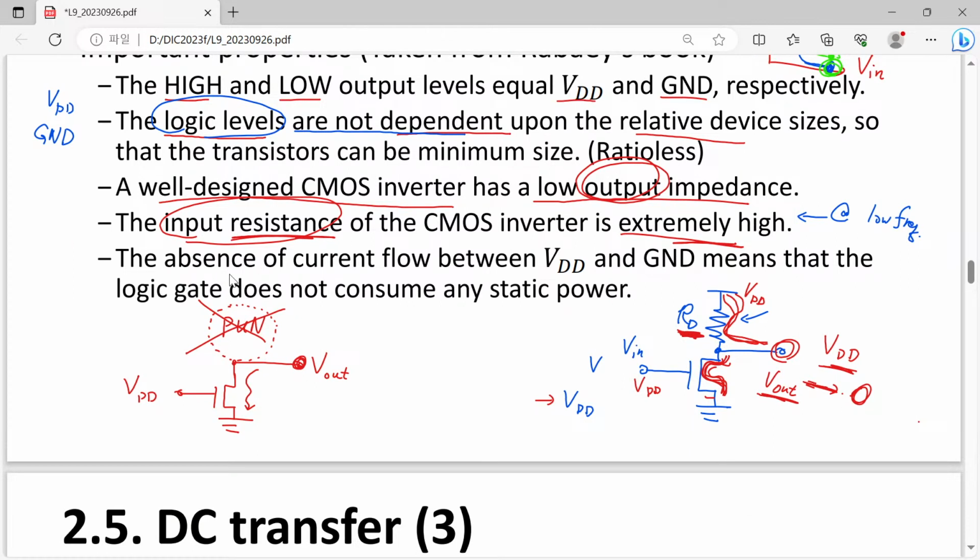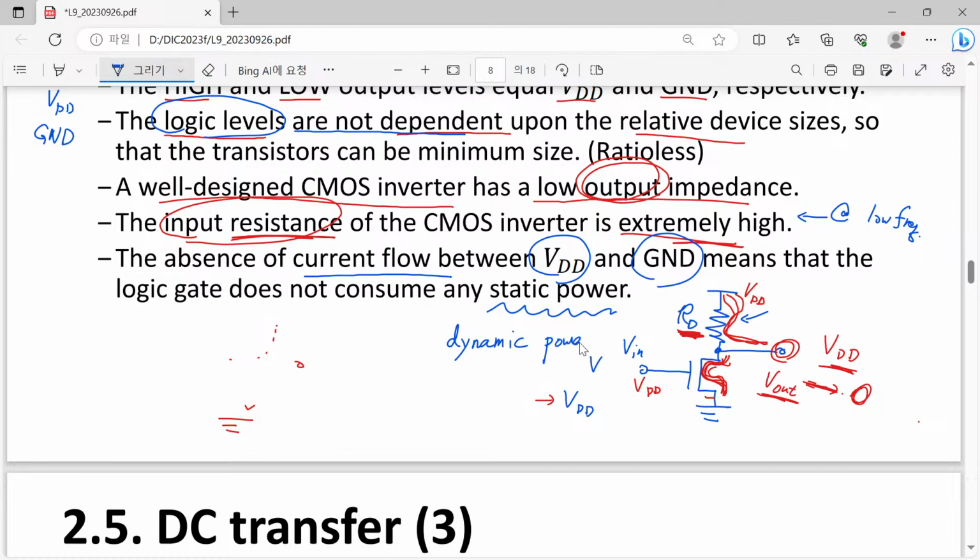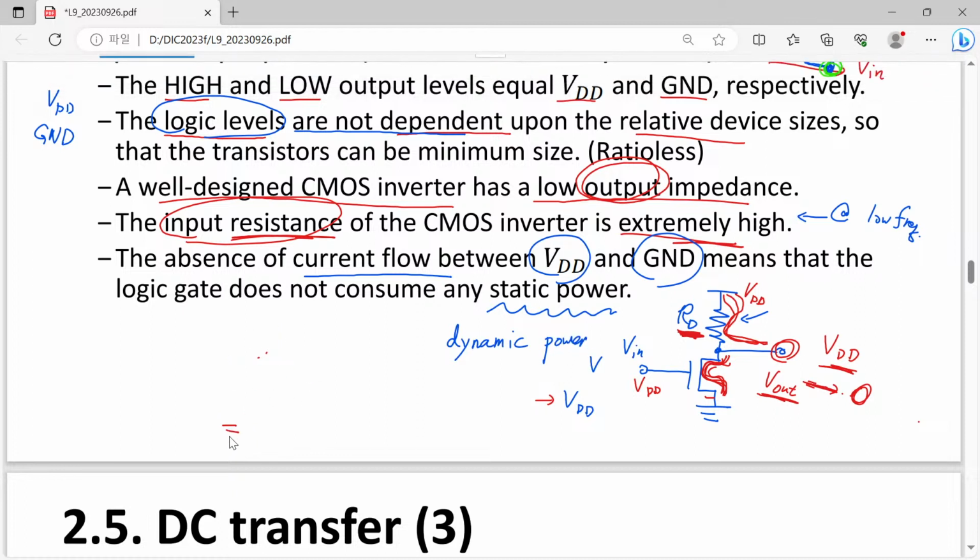So finally, the absence of current flow between VDD and ground means that the logic gate does not consume any static power. Static is important because there is another power consumption called dynamic power consumption, and this dynamic power consumption is obtained from the switching operation.